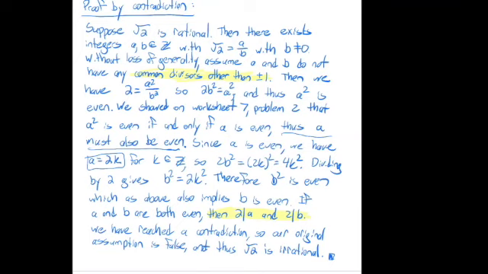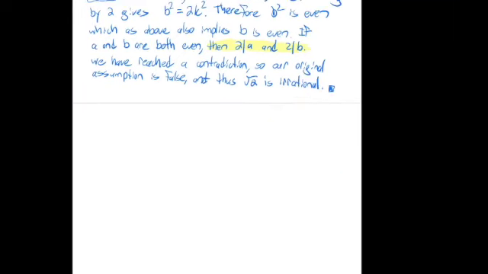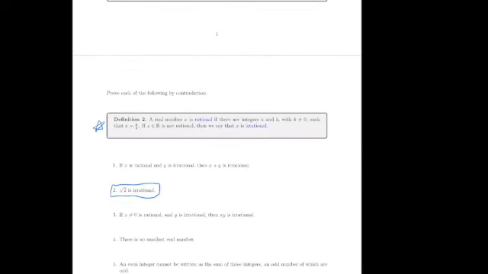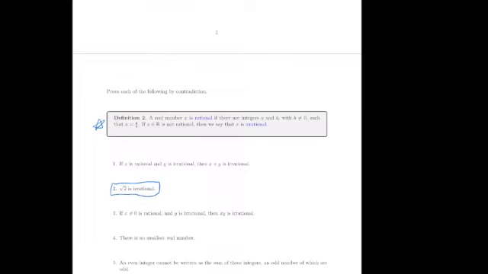So that's one thing that's a little bit tricky about contradiction, understanding what is the contradiction that I'm trying to get to in the end. And sometimes that won't play itself out until you just start trying different things. Okay. So that is generally what proof by contradiction looks like.